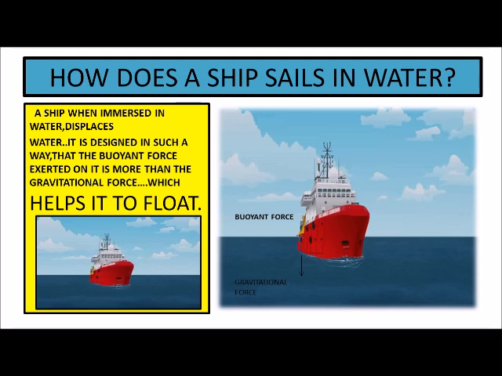So this is the reason why a few objects will sink and others will float in water. Also, the ships or vessels which float in water are designed in such a way that they displace the water which is optimum for them to float.